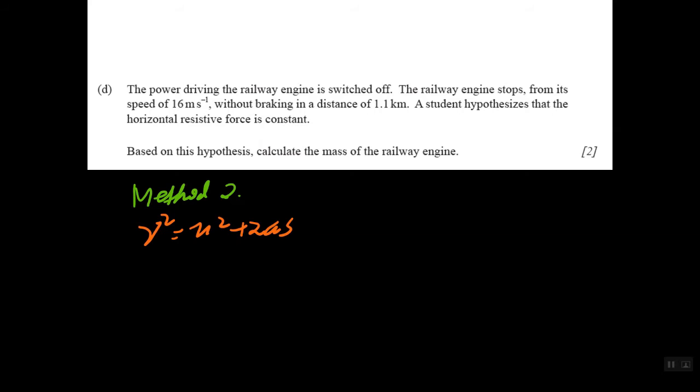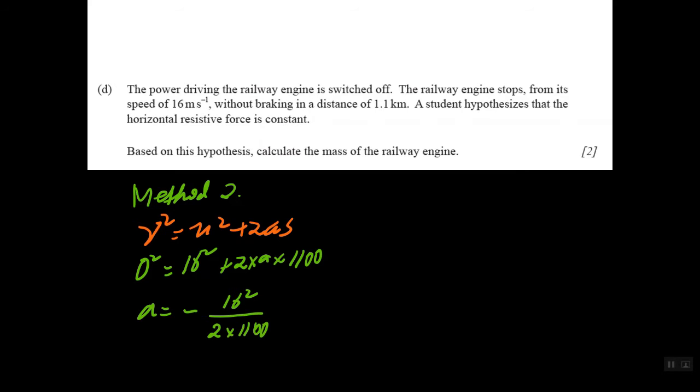So as the engine is switched off, final velocity squared, which is 0 squared, equals initial velocity 16 squared plus 2 times acceleration times the displacement, 1100. So acceleration equals minus 16 squared divided by 2 times 1100. That is minus 0.116 meter per second squared.